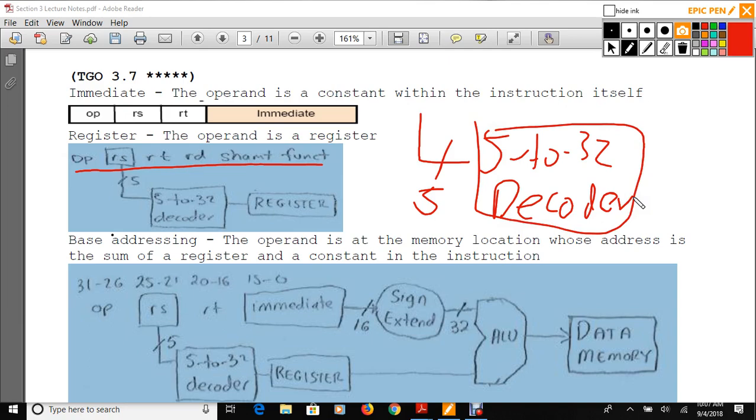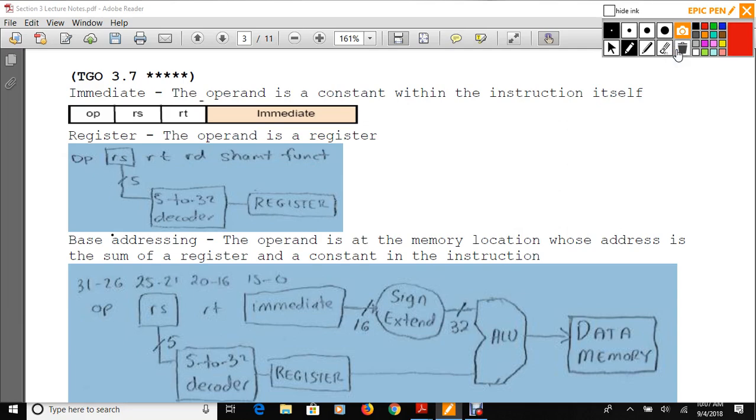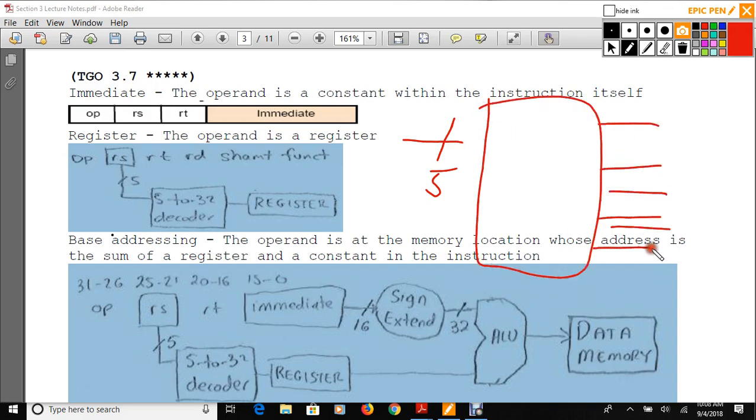All right, so a 5 to 32 decoder is this. I put in a 5-bit value, and through a series of AND gates and inverters, it will have 32 bits on the output, and based on the logic, let's say this is 7, right?